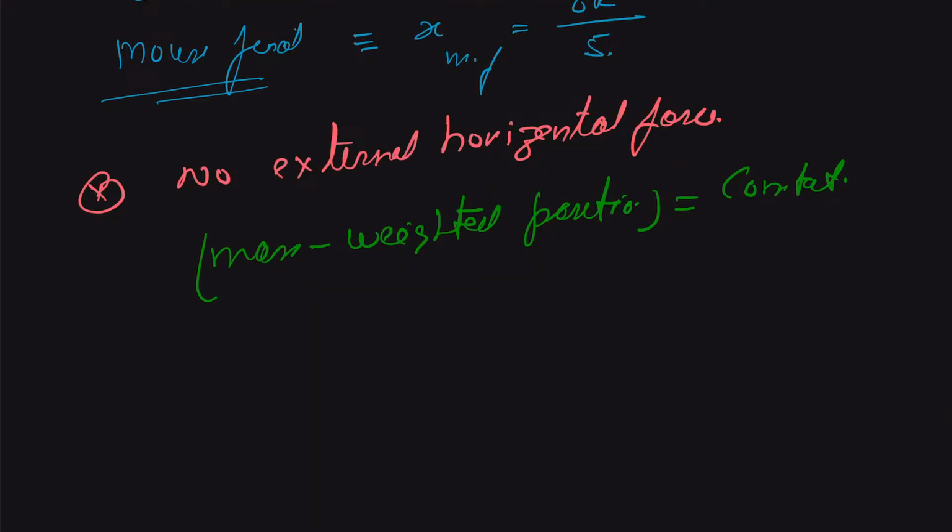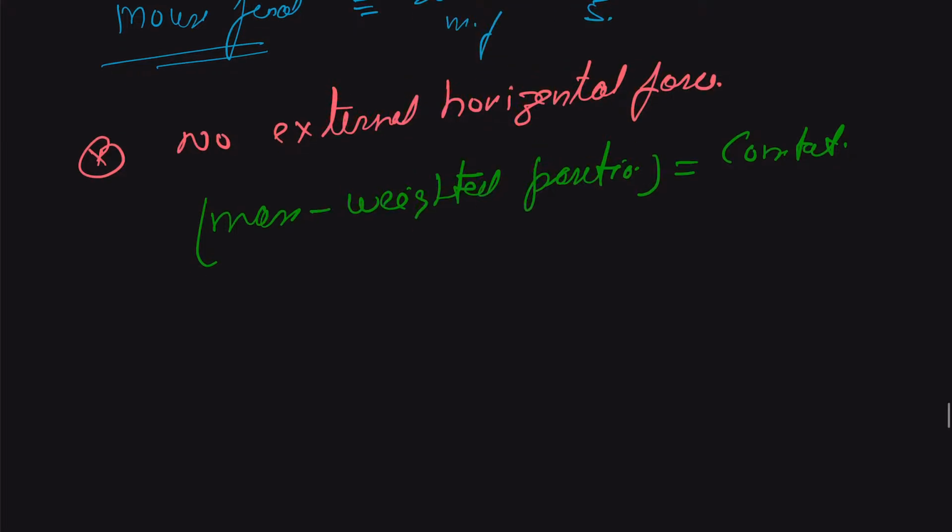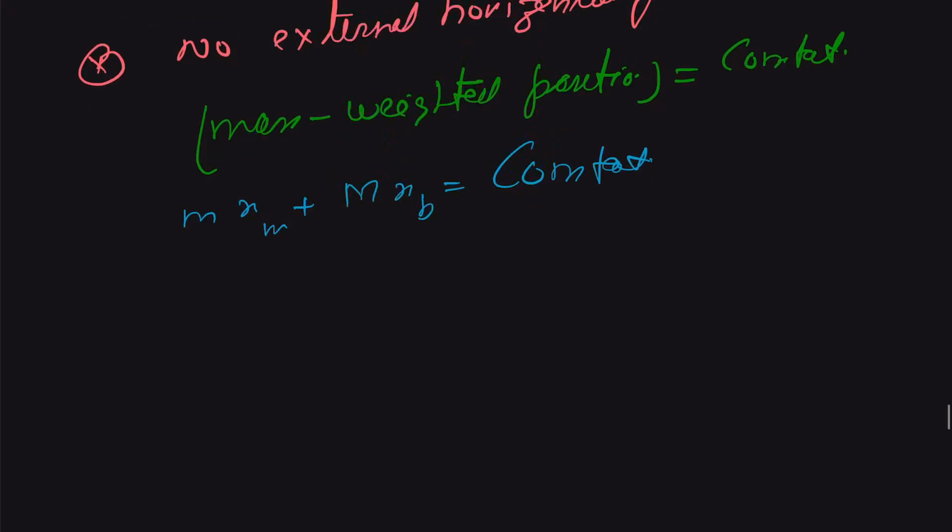So it means mass times position of the mouse plus mass times position of the bowl is equal to constant, and there is horizontal motion, so we are only taking the x coordinates.